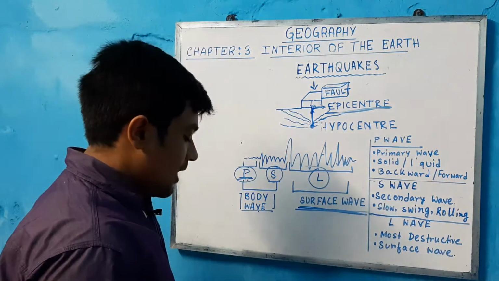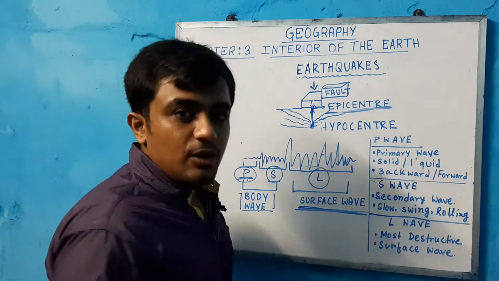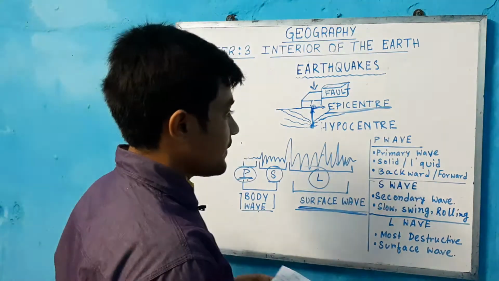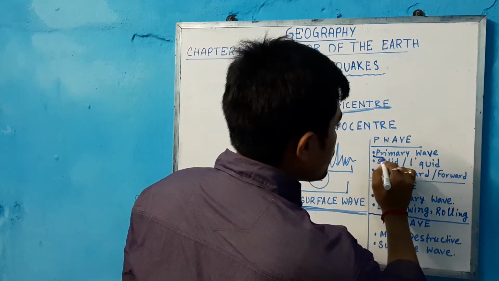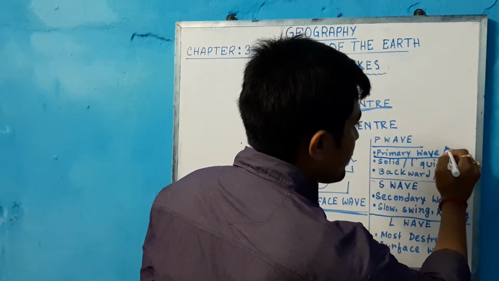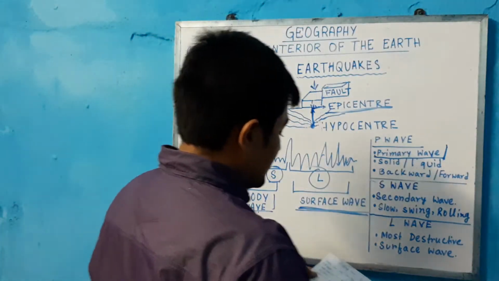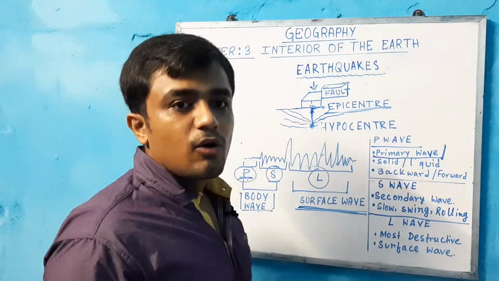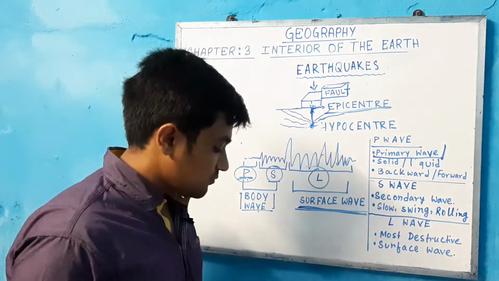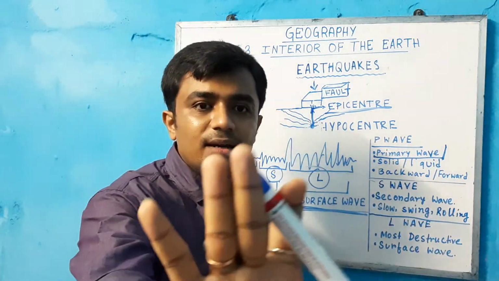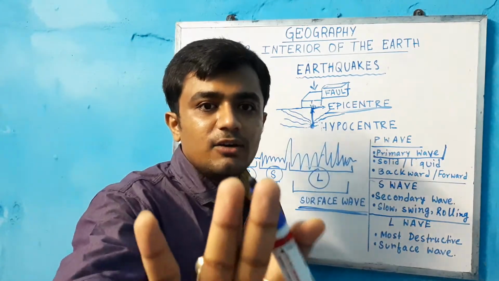Okay. So now what is the P wave and what are the characteristics of the P wave? P wave is also known as primary wave or pressure wave. Okay. And this wave is first recorded in the seismograph, and it forces the ground backward to forward.